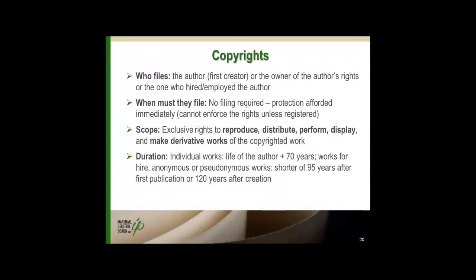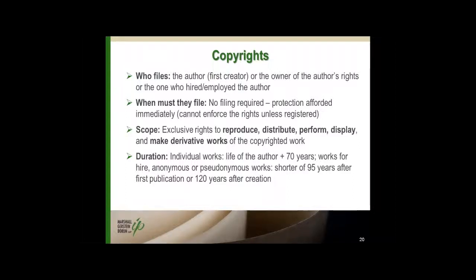So who would file a copyright? Well, we talked about the author, who is the one who first affixes the work into that tangible media. They would be the ones who would have the standing in the U.S. to file a copyright application. Now, typically they will have assigned, transferred, conveyed, or obligated their rights to another, their employer or whoever's asked them to create the work.